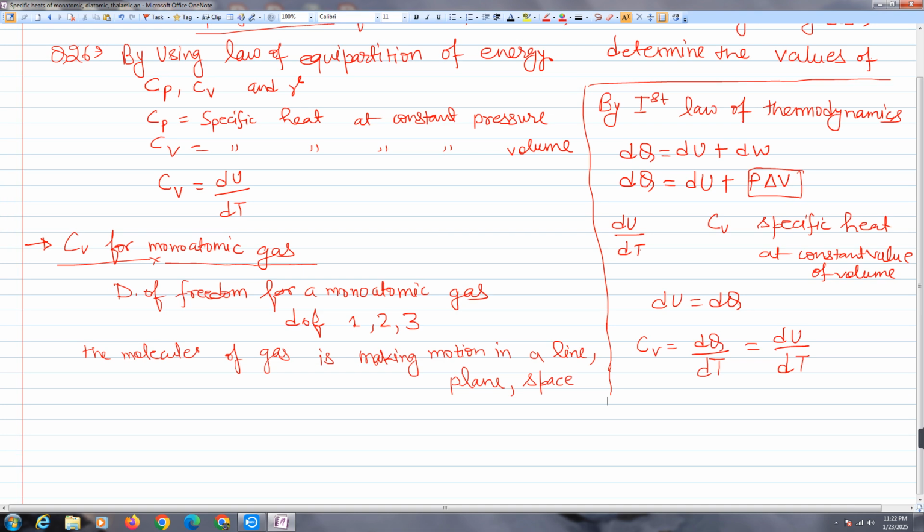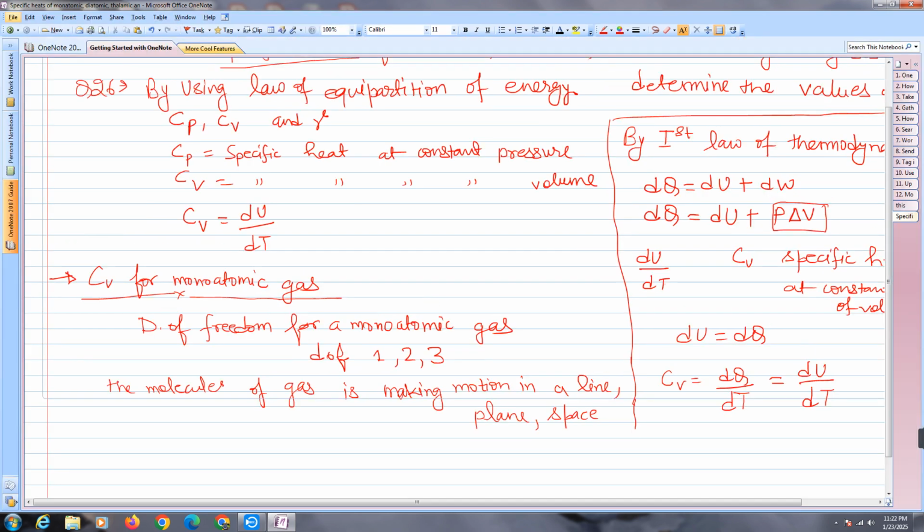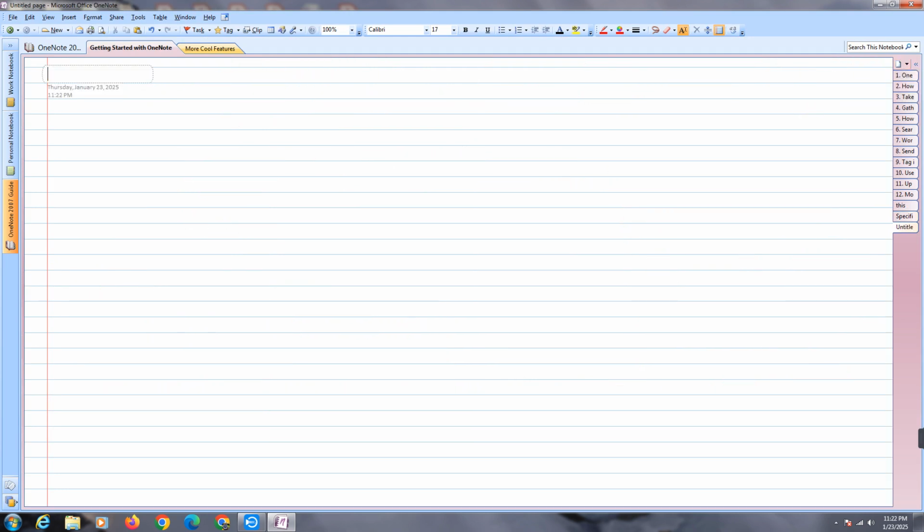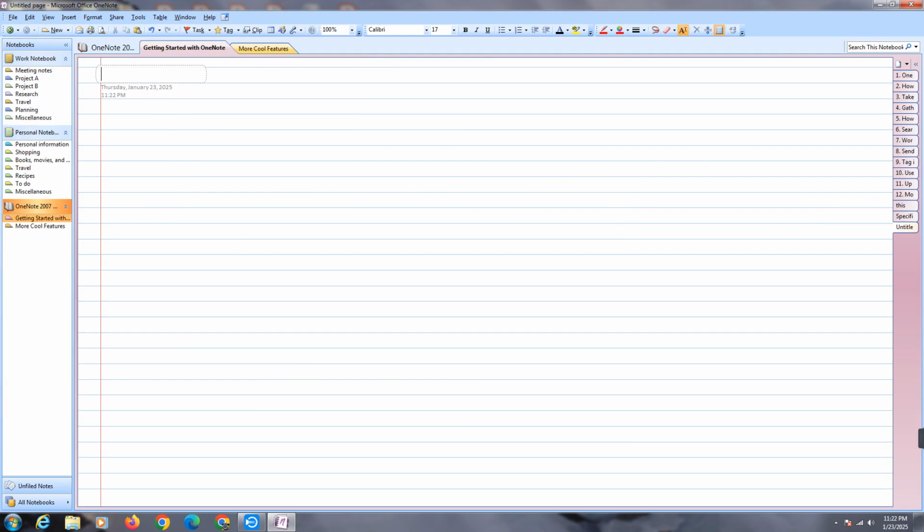So here we are taking which one? The third case, where the gas molecule is moving in a space, correct? So in this way, just a second.